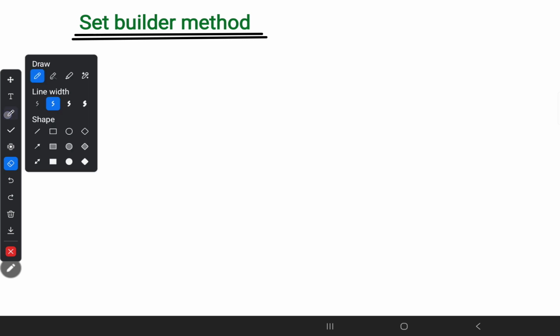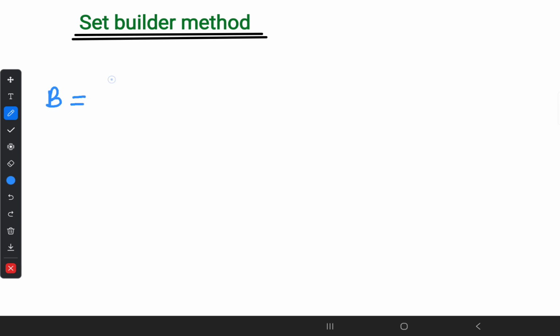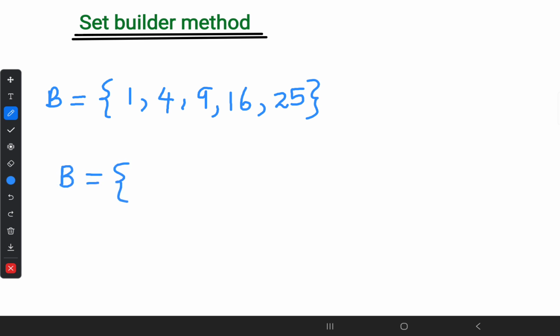In the next example, let's have a look at another type of question. In that, I'll give you set B and I'll give you the elements: 1, 4, 9, 16, 25. These are the elements of set B. We are going to express this in set builder method. B equals, so we have the solutions.